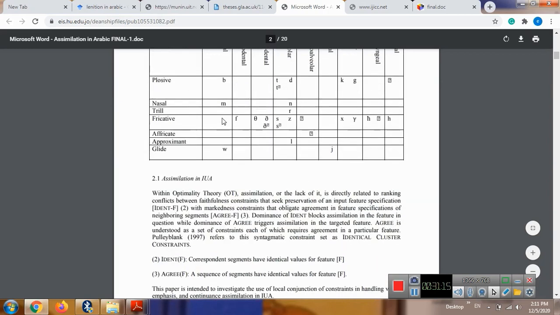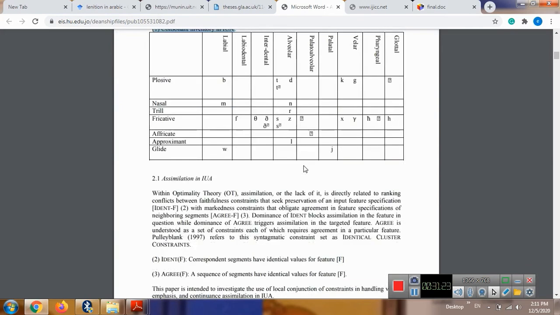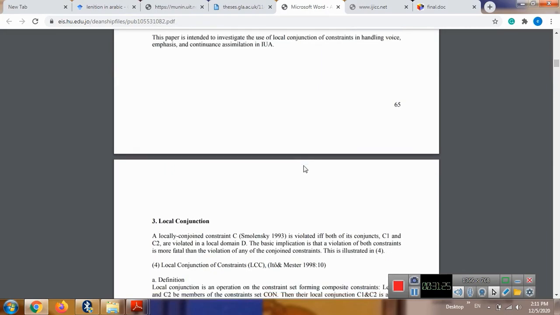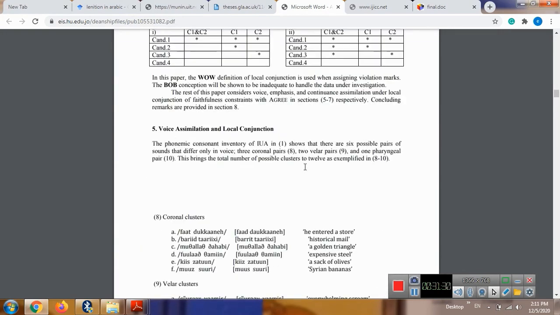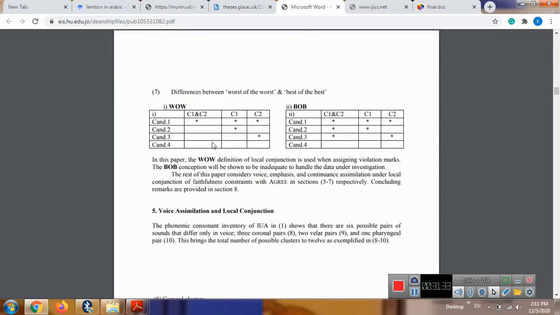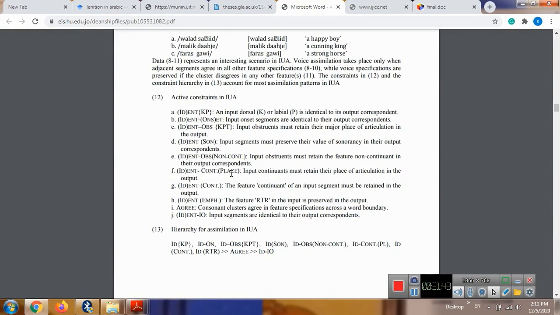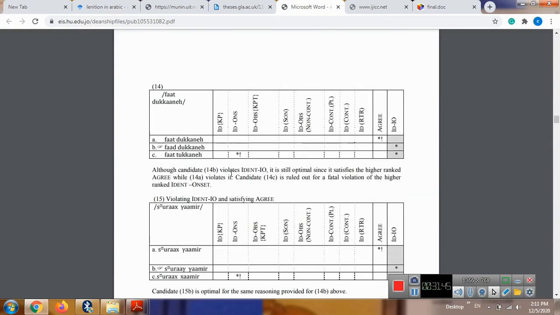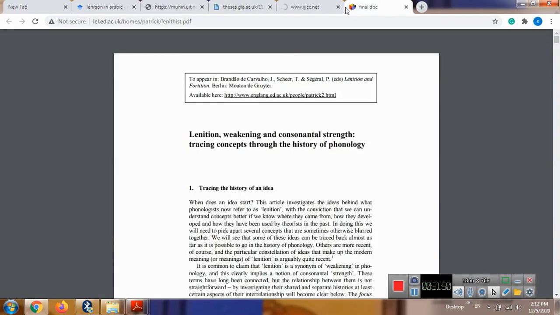I wanted to see it, and here you can see the consonants of the language which they study. Here we can see the assimilation examples in this language. It is according to optimality theory. Okay, coronal cluster, velar cluster, you can see their examples. It is based on optimality theory, not generative theory.